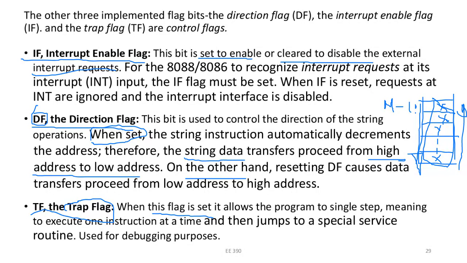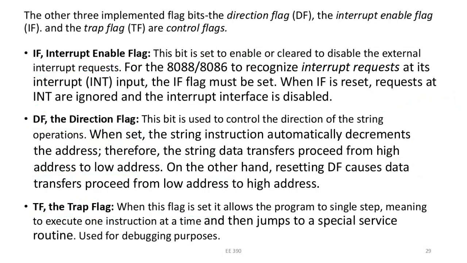Okay, so that's all. Now we have these three flags, called control flags. These three flags, IF, DF, and TF, the interrupt flag, the directional flag, and the trap flag, are related to the control operation.